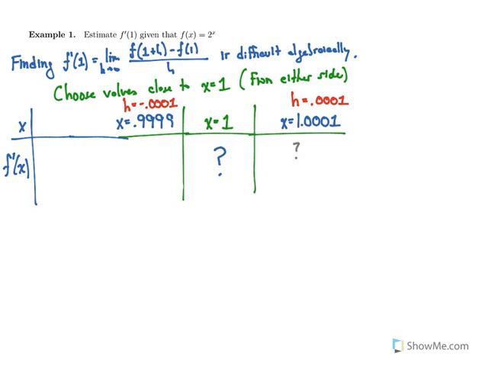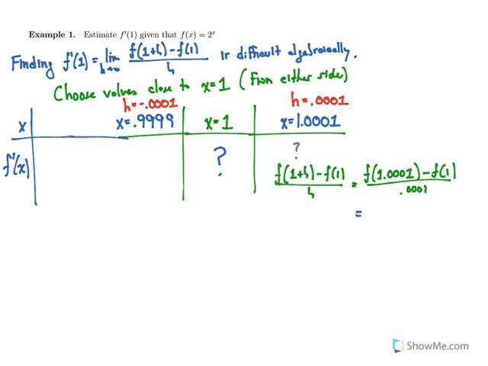Well, we're going to plug this into f of 1 plus h minus f of 1 over h. Note this is the slope of the secant line, which is going to be f of 1.0001 minus f of 1 over 0.0001.